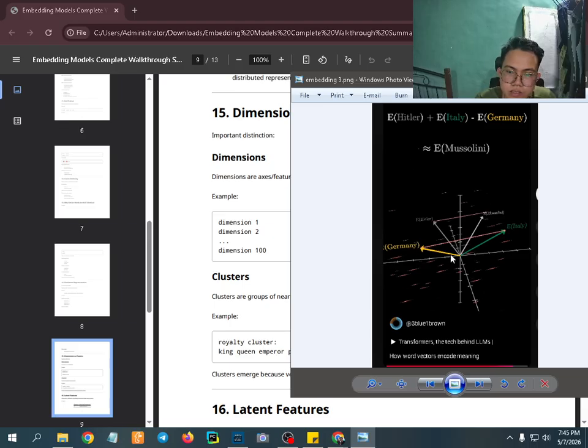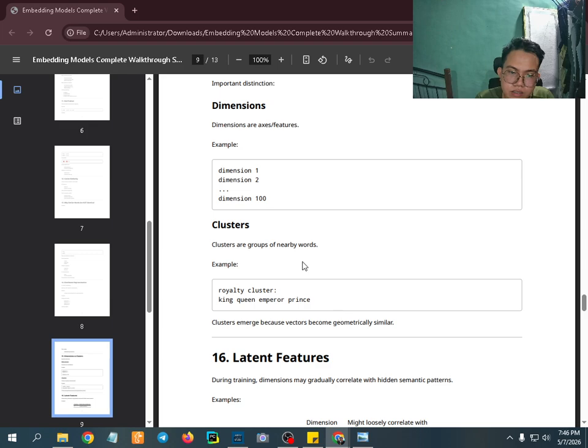This is the direction of Germany. This is the direction of Italy, and this is a 3-dimension space that represents the words in this vector space. And clusters are groups of nearby words.